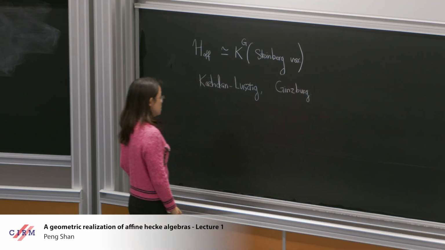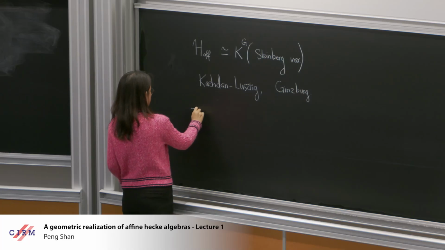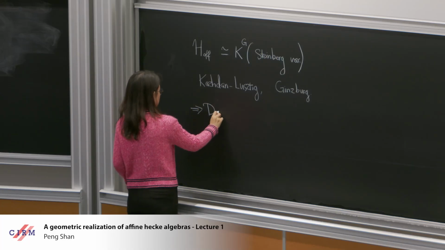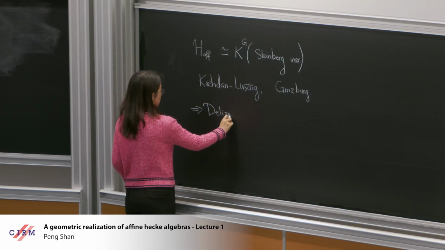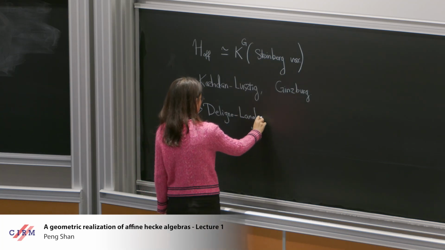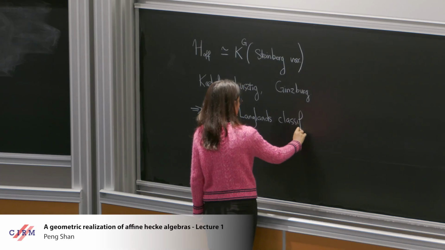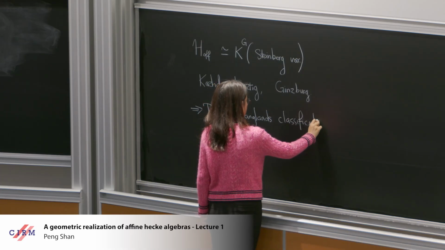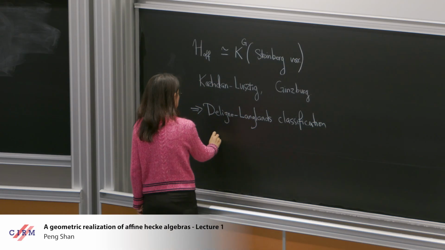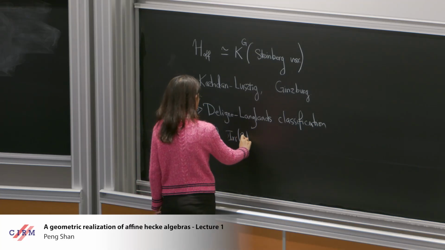And then how they use this to prove the Deligne-Langlands classification of irreducible representations of affine Hecke algebras.